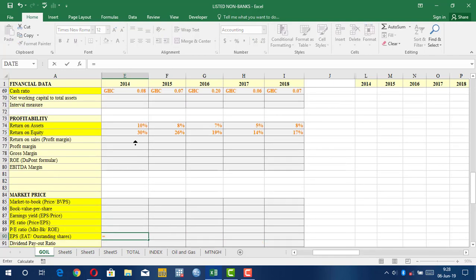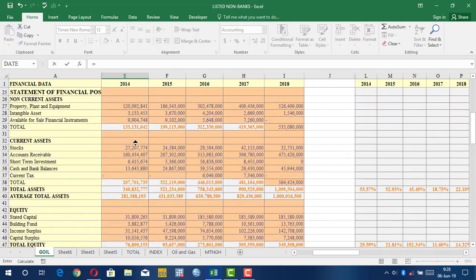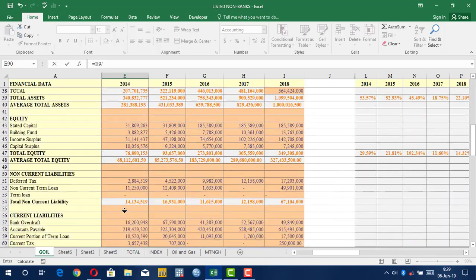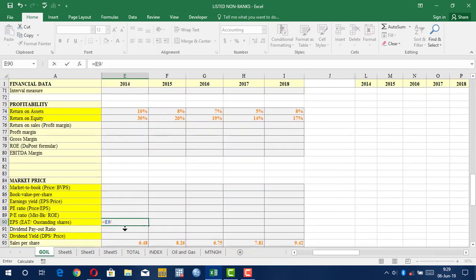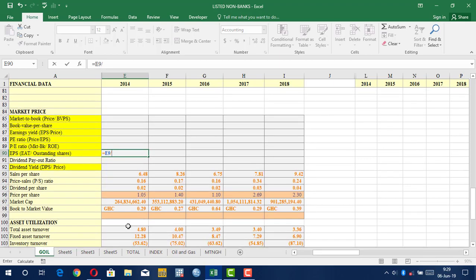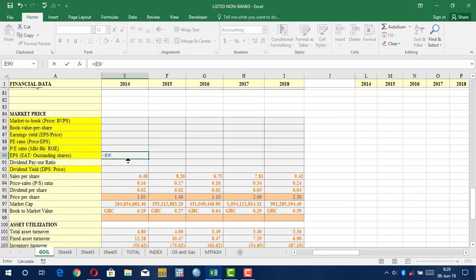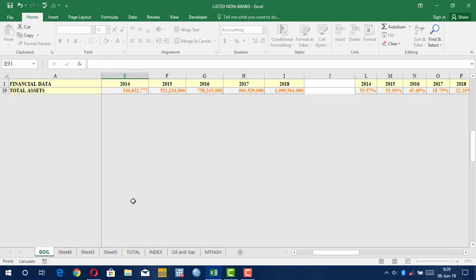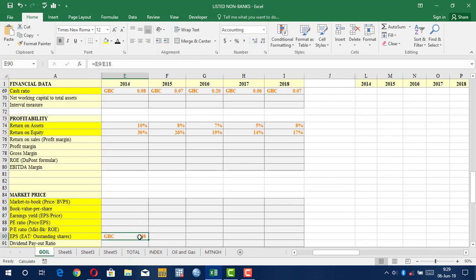So we go up to take our earnings after tax, which is 20 million here, then divide it by the total number of outstanding shares. It is also up there. So total number of outstanding shares over here we have. Good. So there we have it. So that's earnings after tax over the outstanding shares.